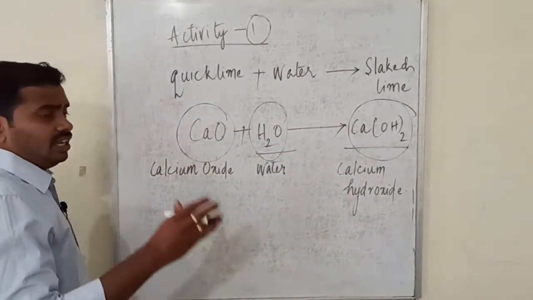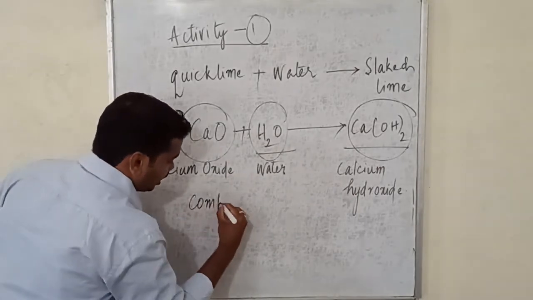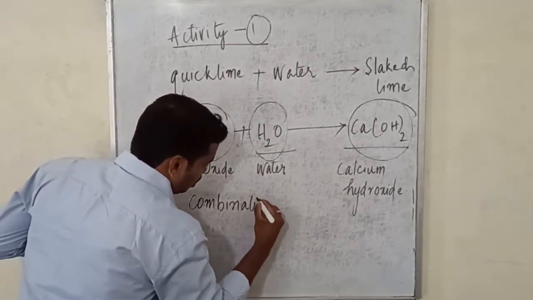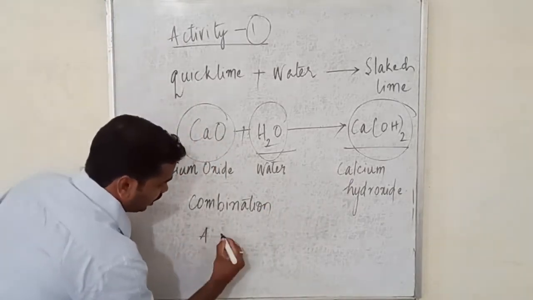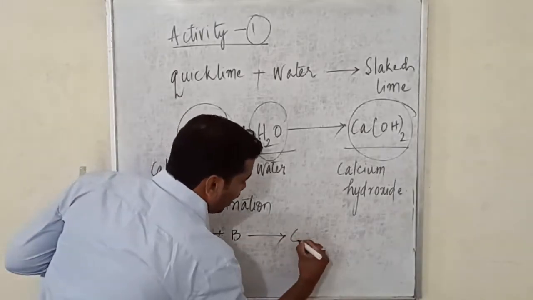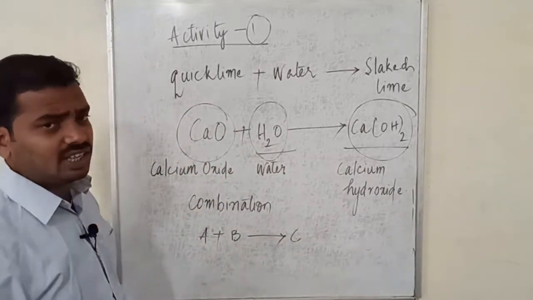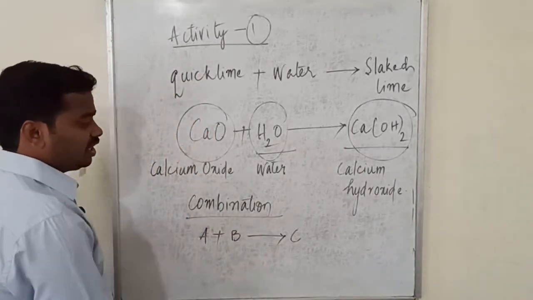These kinds of reactions are called combination reactions. So now I hope you have understood what a combination reaction is. When compound A reacts with compound B, it gives out an entirely new single compound, that is C. This is what a combination reaction is.